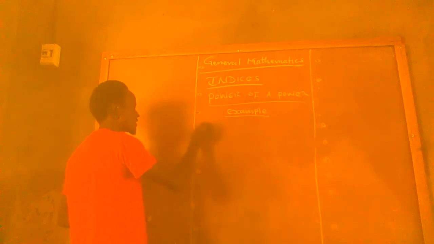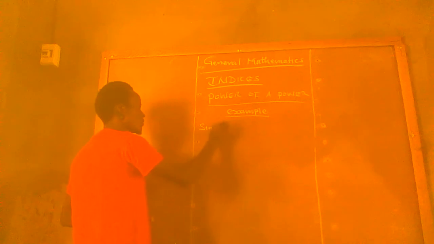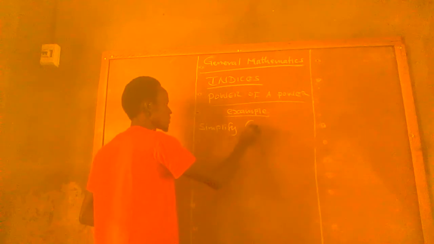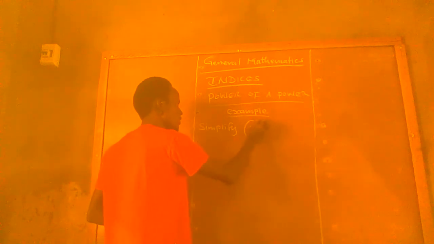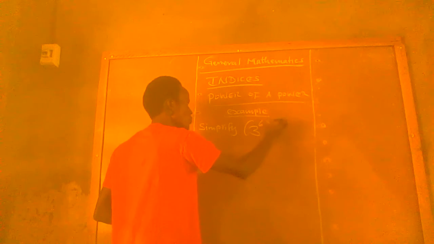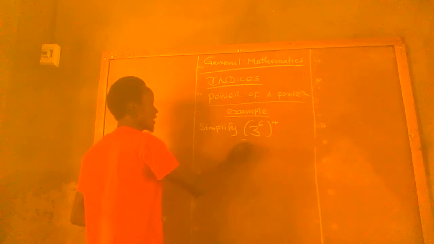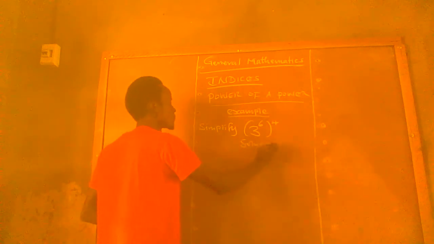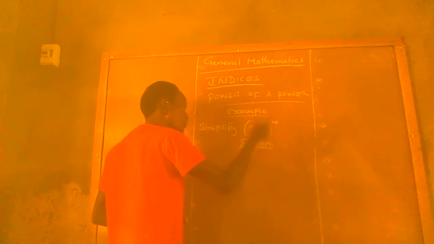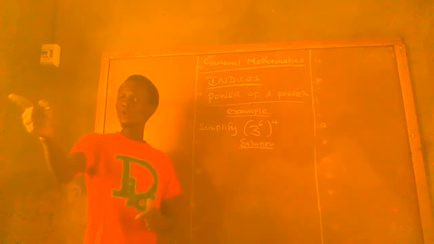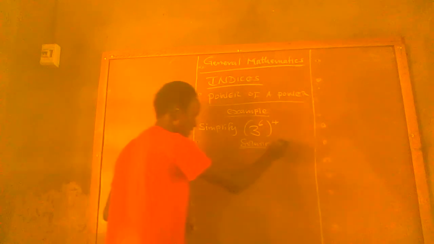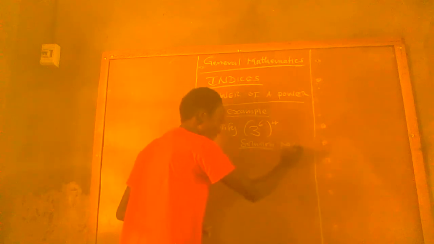If I say simplify 3 raised to the power 6, all raised to the power 4. Let's solve and see. Solution, because in any problem there must be a solution. Salu will say this is method 1.